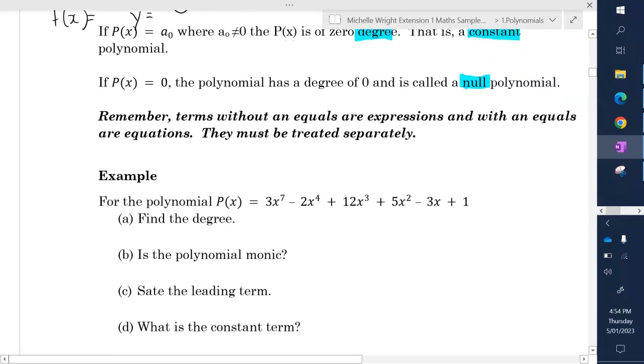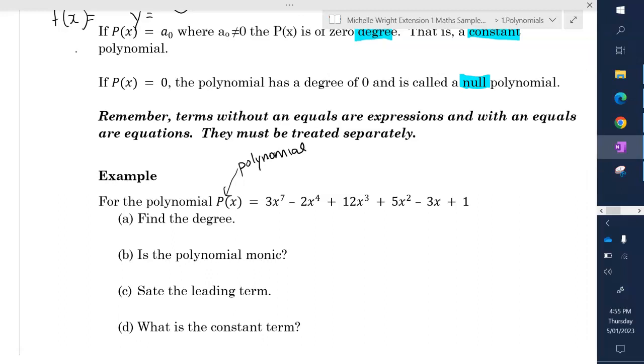So here's a good example. For the polynomial p of x is equal to 3x to the 7 minus 2x to the 4th plus 12x cubed plus 5x squared minus 3x plus 1, we want to find out all of these things here. Now, first note with our polynomial, that's what p of x is called, it's already written in the form from the highest power down.